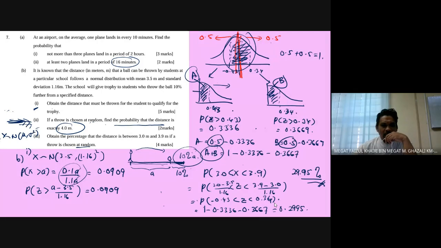I just asked one of my colleagues, so you may refer to Mr. Musiadi if he can explain it more clearly after this. For the normal distribution, there's always a space.